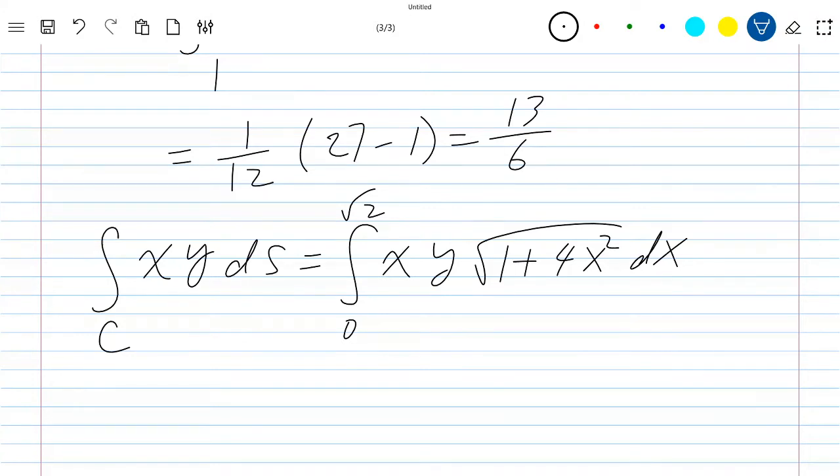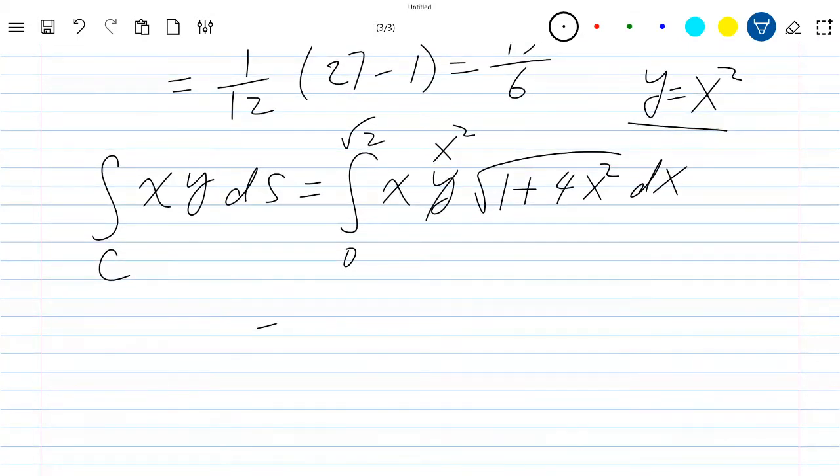Well, don't forget this y is not an independent variable. y is on the curve, so that's nothing but x squared. So you will actually have x cubed times square root of 1 plus 4x squared dx. And then you can just finish it using the same u substitution, but the result is more complicated because of the cube here. Alright, I leave this as an exercise.